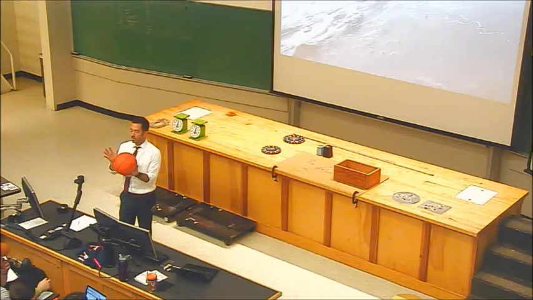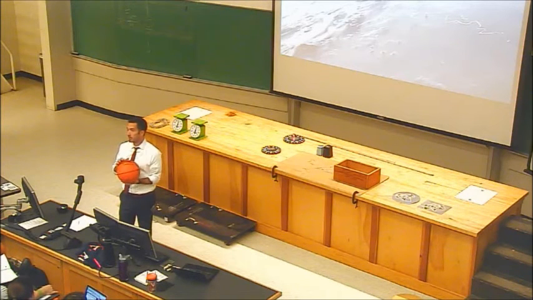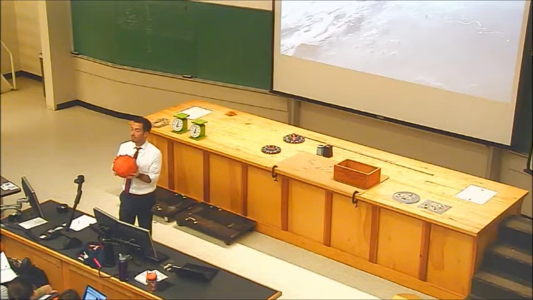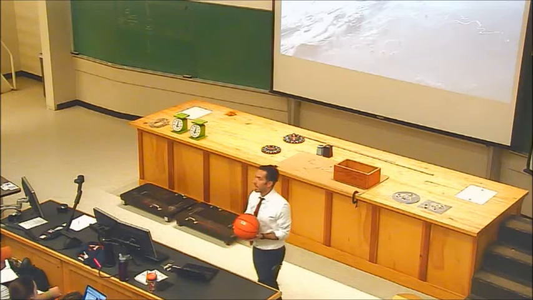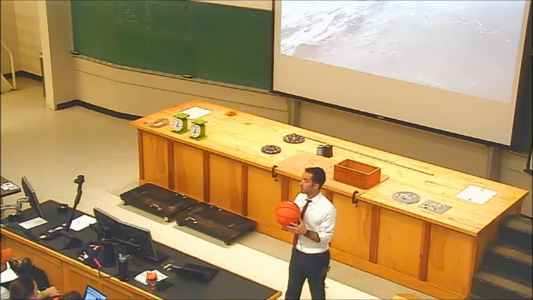Imagine this basketball is 8,000 miles. The atmosphere is maybe 100,000 feet, so 20 miles. So if this is 8,000 miles across and your atmosphere is 20 miles, the analogy I've used before is take this basketball, paint it with a good layer of paint. That's the atmosphere. So a basketball with a layer of paint on it.